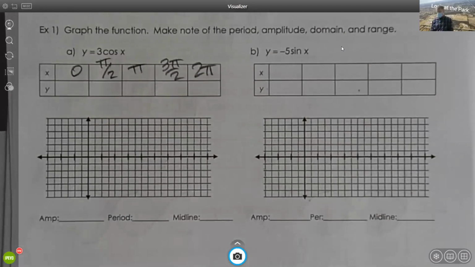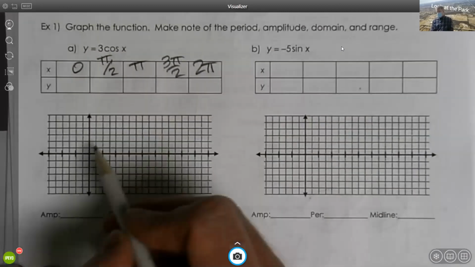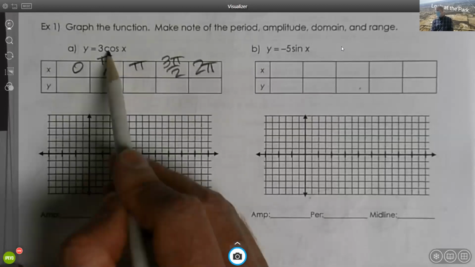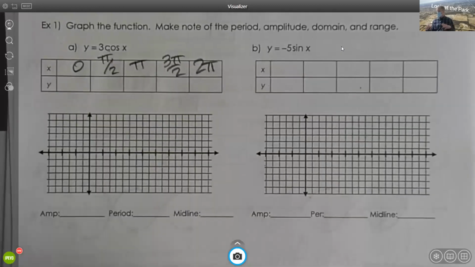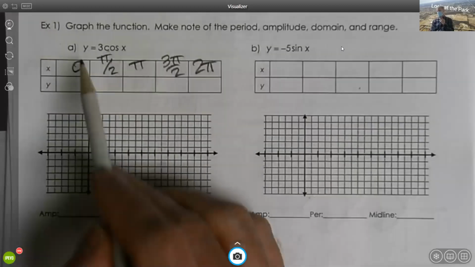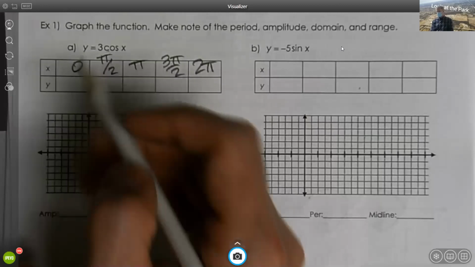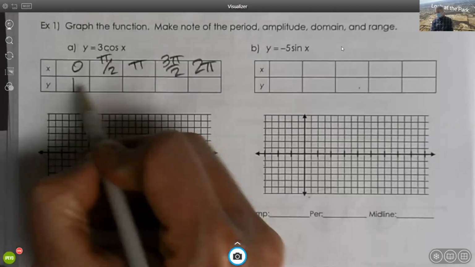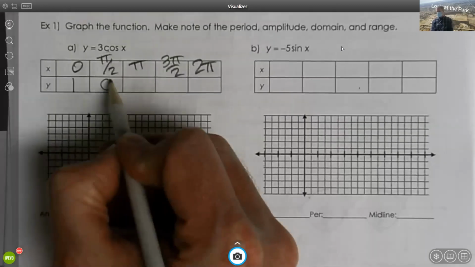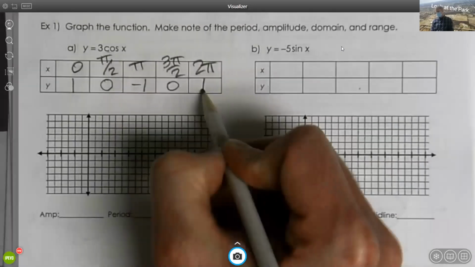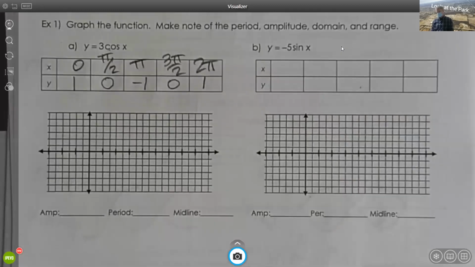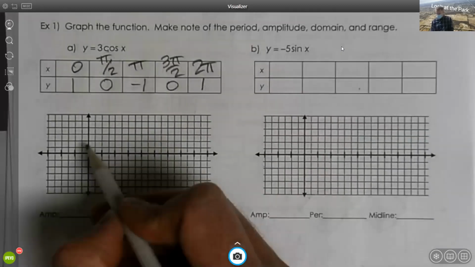Your parent function for cosine, remember, think of your unit circle. If you don't remember your numbers, think about your unit circle. At 0 degrees, your cosine value is 1. At 90 degrees, it's 0, then -1, then 0, then 1. We can graph this out.